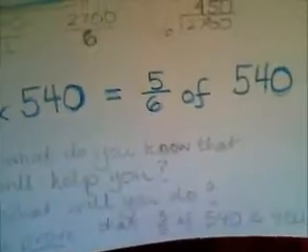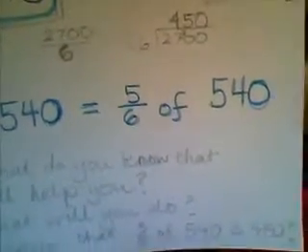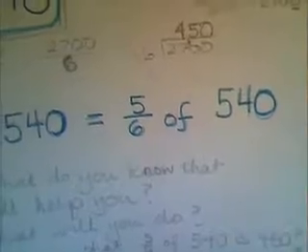I hope some of you will use your superhero zeros. Give it a go, and I'd like for you to be able to prove that 5/6 of 540 is in fact 450. Can you prove that 5/6 of 540 is 450?